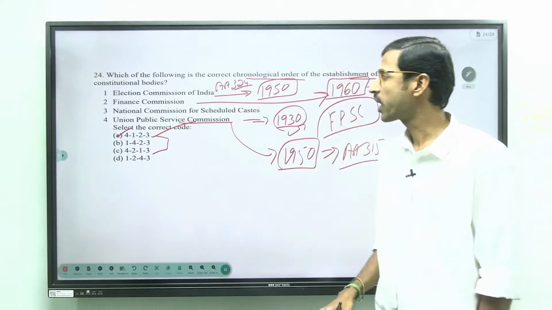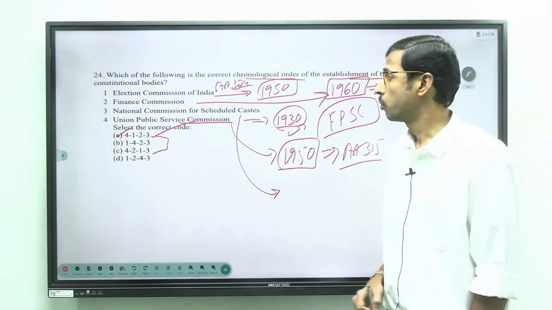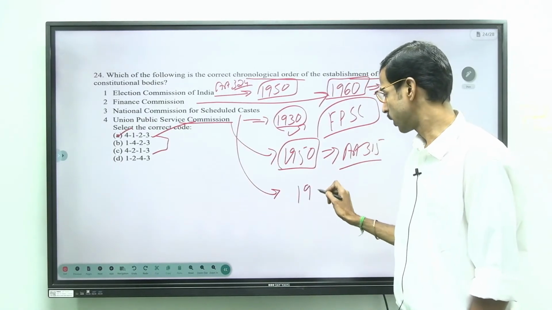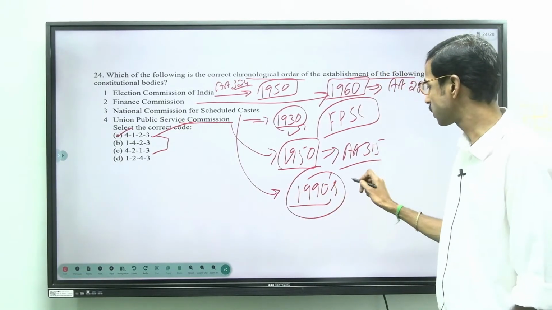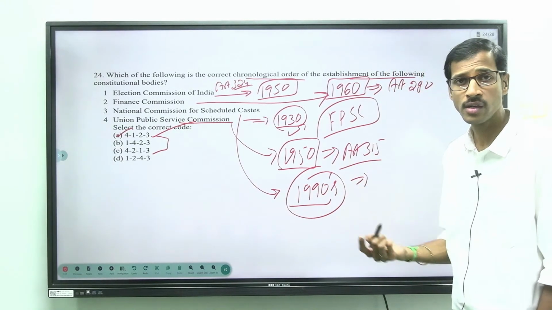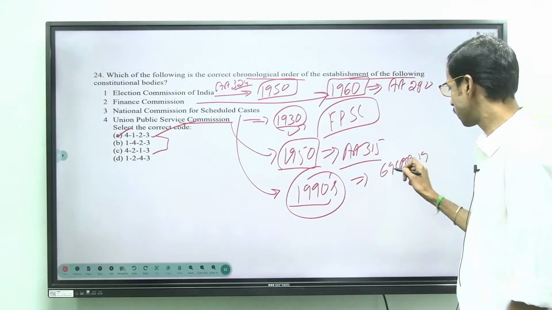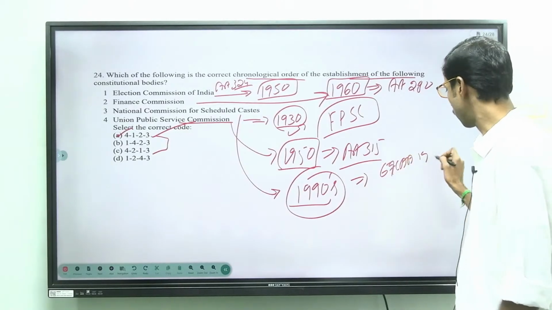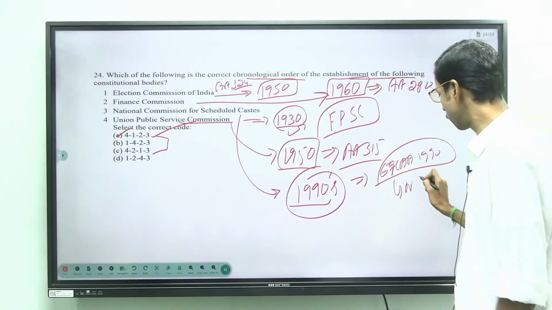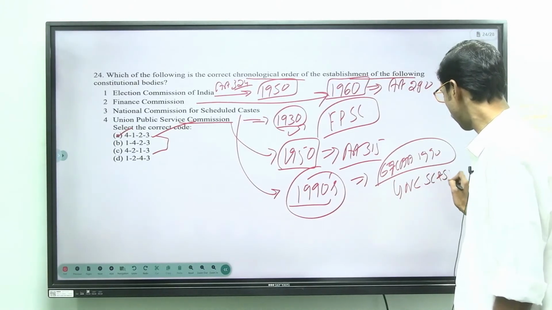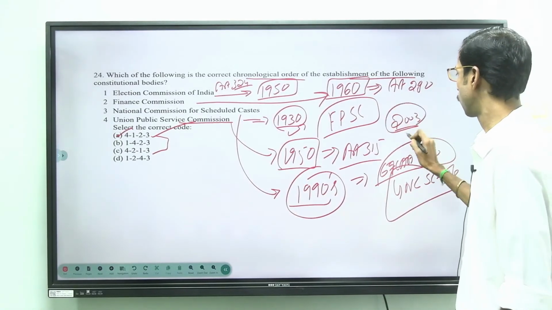Apart from that, the National Commission for Scheduled Castes comes in the 1990s. Initially, in the 1990s, by the 65th Constitutional Amendment Act, the National Commission for Scheduled Castes and Scheduled Tribes was included, and that was separately divided around 2003, right?